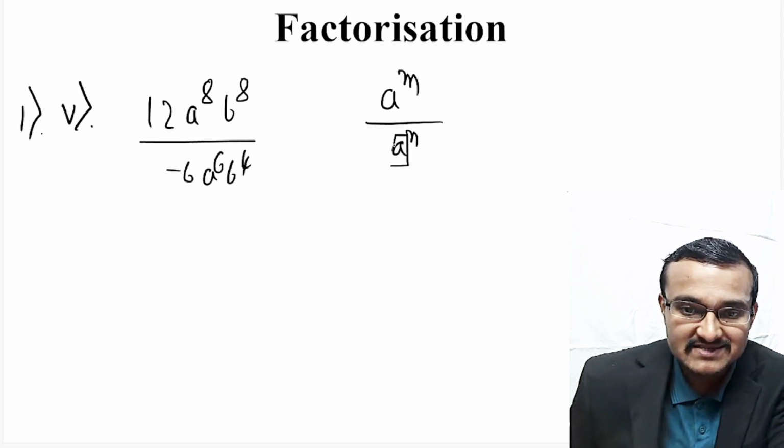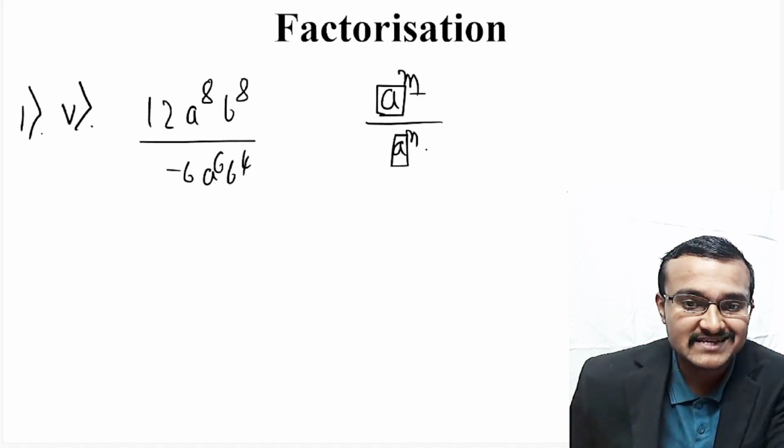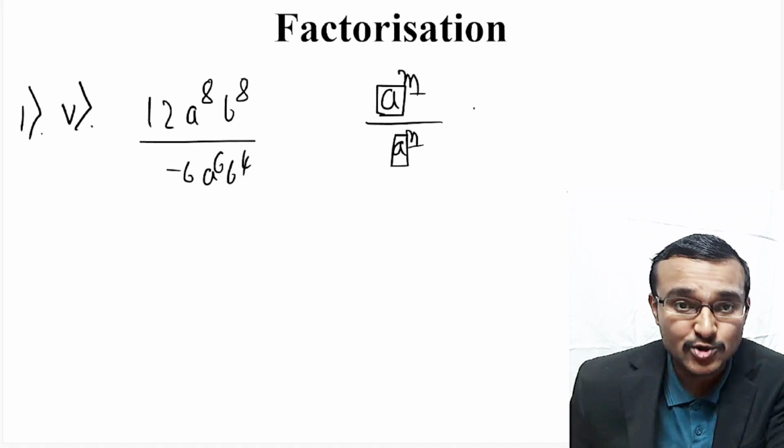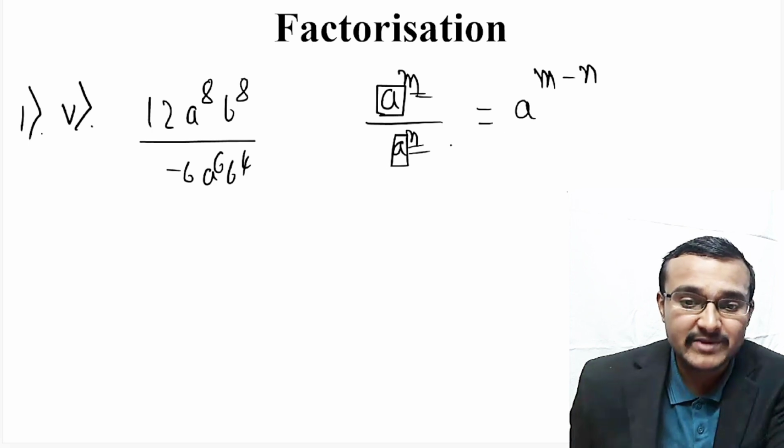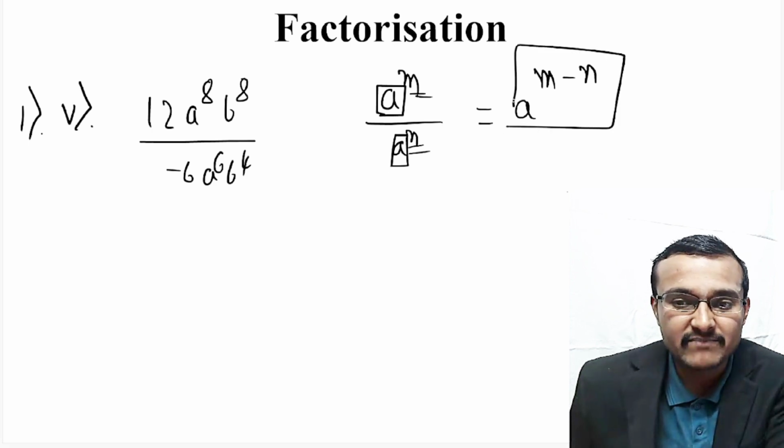If the base is the same, that is, a is the base here, then you can easily subtract the power values. So a power m divided by a power n is equal to a power m minus n.